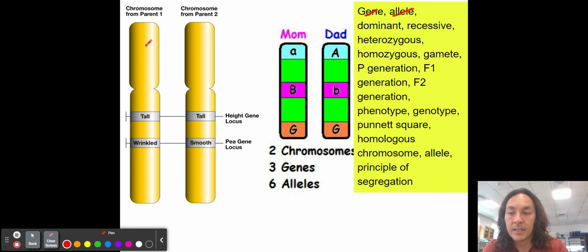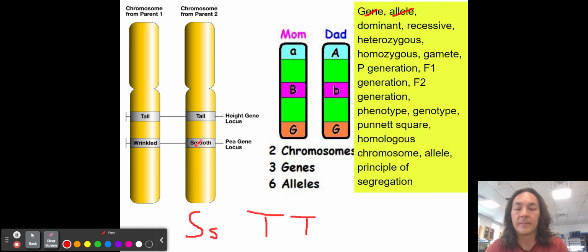This plant has in its homologous pair of chromosomes 2 tall alleles. It is homozygous tall, but it has 1 wrinkled and 1 smooth allele. So it is heterozygous for smooth. Smooth is dominant over wrinkled.